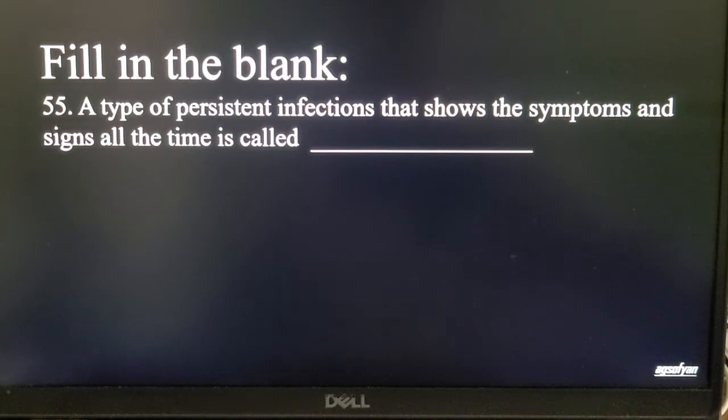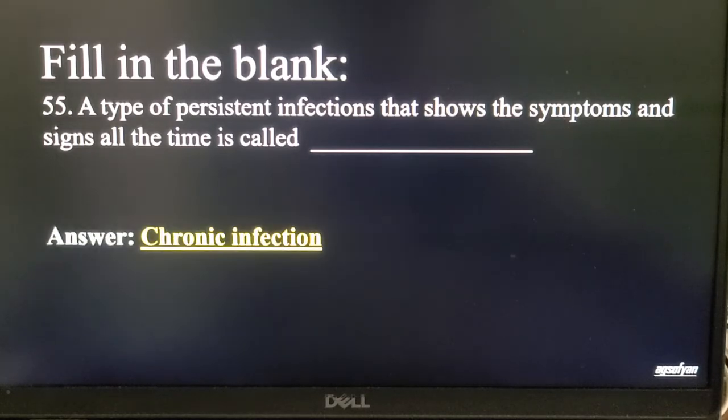Number 55, a type of persistent infection that shows symptoms and signs all the time is called what? Write your answer. Yes, it is called chronic infection. Okay, remember there are 2 types of persistent infection in animal virus, in viruses that infect humans, for example.